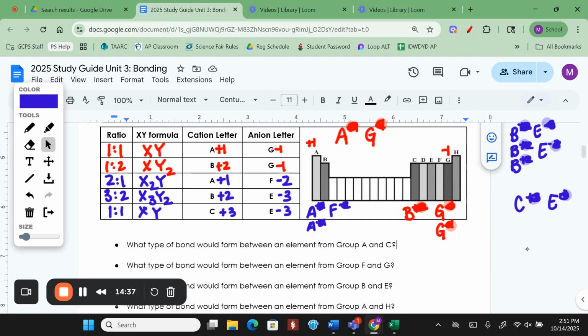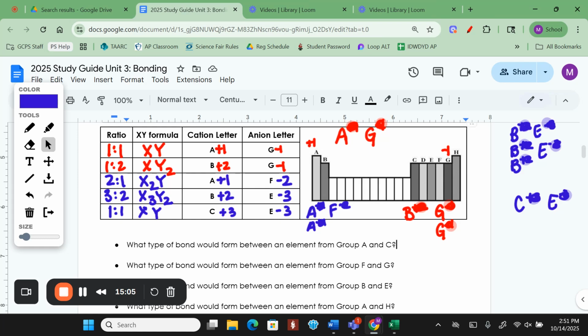So I added on another positive and I got to 6 positives and 6 negatives. I wrote B 3 times, E twice, a 3-to-2 ratio, forming an X3Y2 pattern. Last but not least was C and E, +3 and -3. Plus 3 and minus 3 are the same number of pluses and minuses. So that means that they canceled out and formed a 1-to-1 ratio with an XY formula.